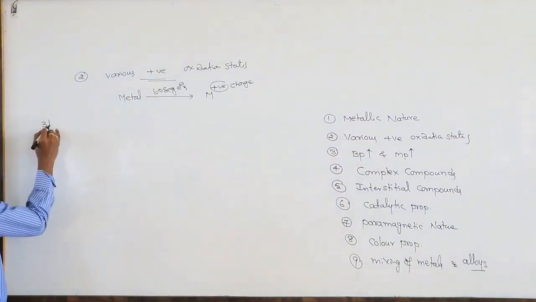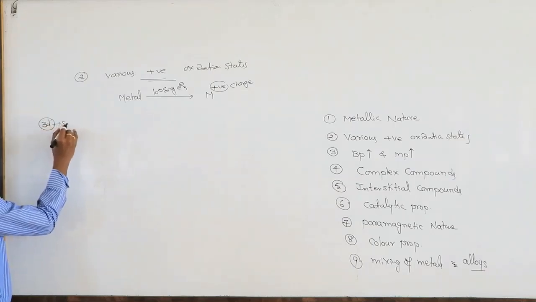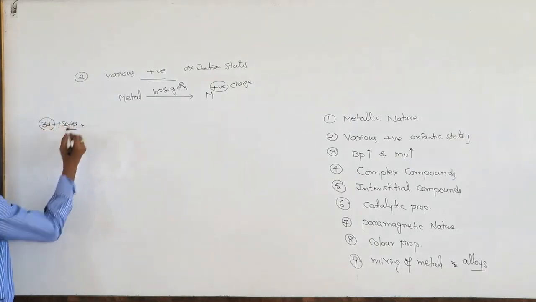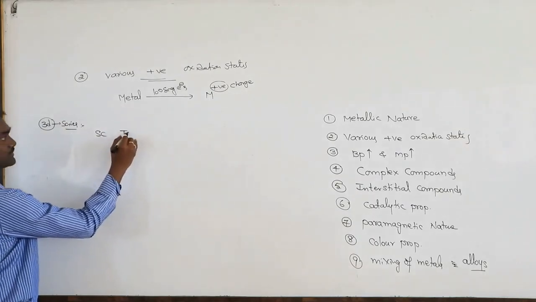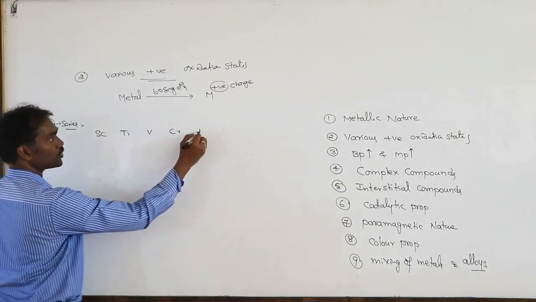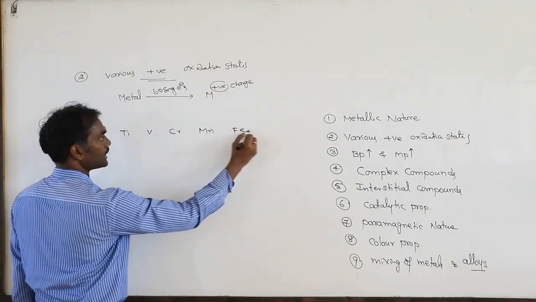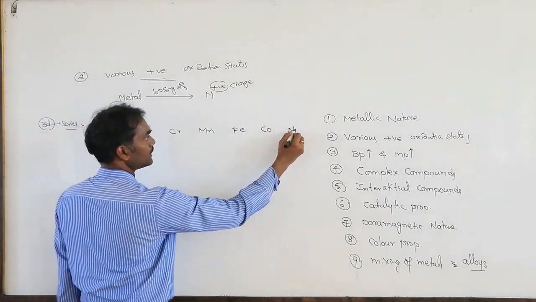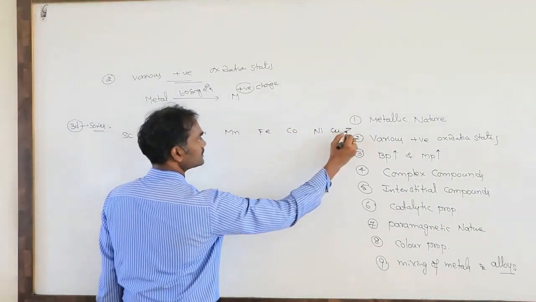Suppose you take the 3D series. The 3D series elements are scandium, titanium, vanadium, chromium, manganese, iron, cobalt, nickel, copper, zinc.